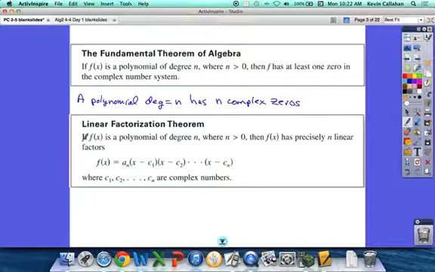The linear factorization theorem says that if you've got a degree n, then you've got n linear factors. And a linear factor just means x minus a zero. Whatever the zero is, let's say C1 is a zero, then x minus C1 is a factor. What would you plug in for x in x minus C1 to make it equal 0?